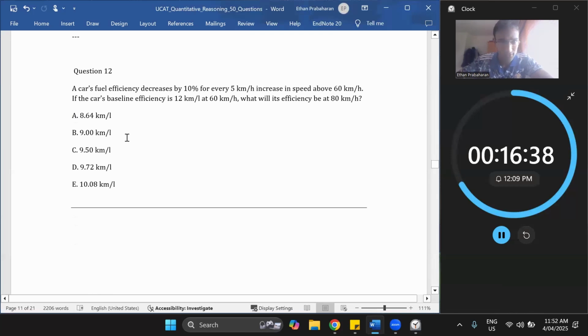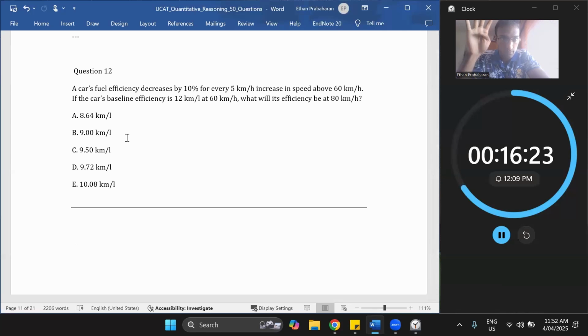Okay, car's baseline efficiency is 12 at 60 kilometers. What will the efficiency be at 80? Okay, so it will decrease by 10% 4 times. So good. How do you do this? 12 times 0.9 to the 4. I'm not going to be able to do that in my head.